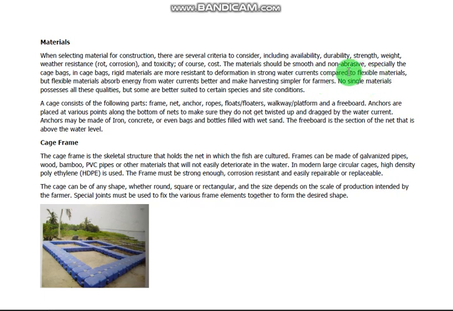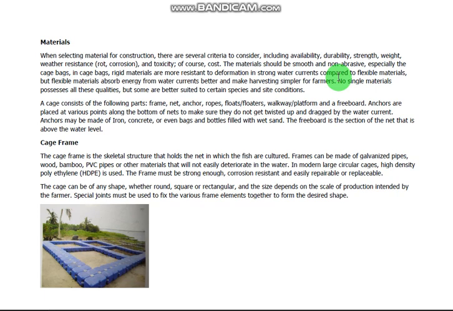But flexible materials absorb energy from water currents better and make harvesting simpler for farmers. Yes, because for easy pull out, when you want to do a total harvesting, you can use flexible materials, but still rigid materials are very much okay when constructing your cage, just to prevent deformation from strong water currents.